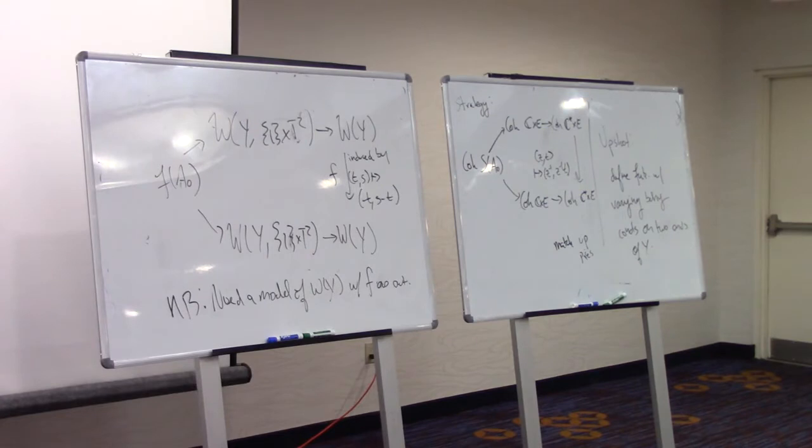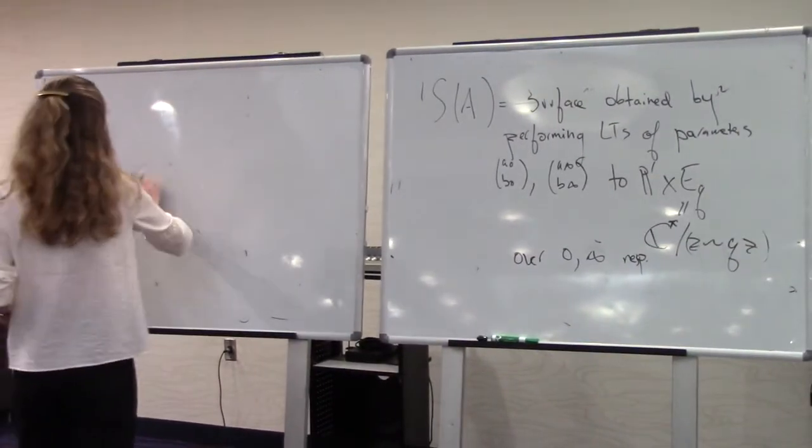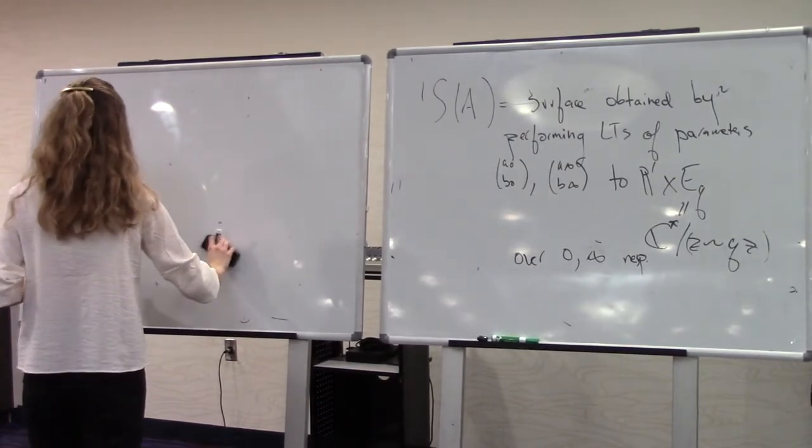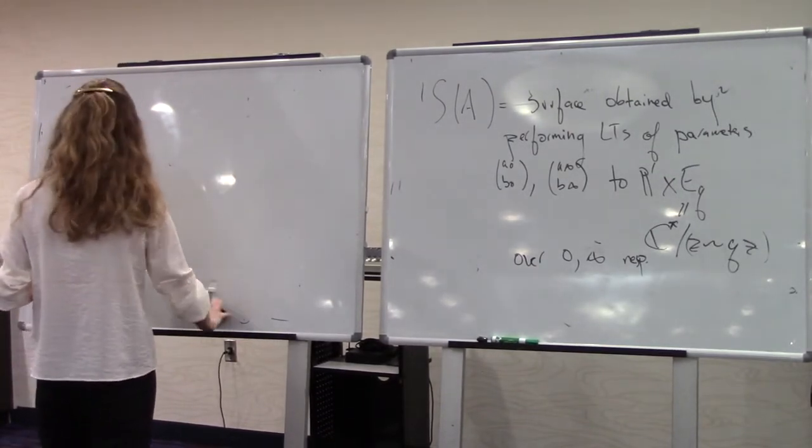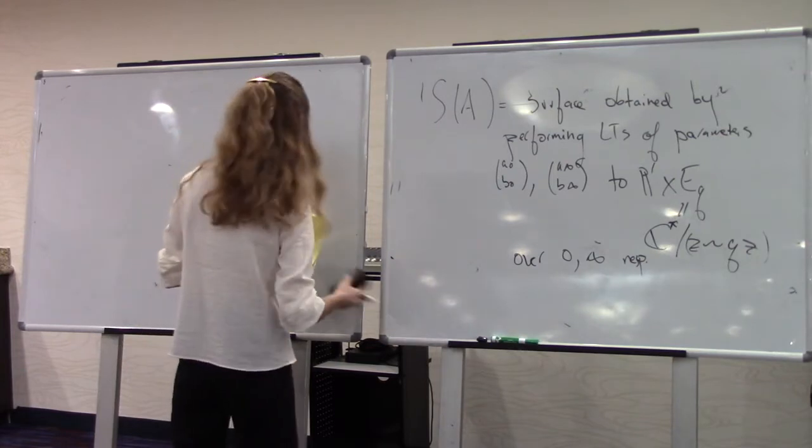Right. So now I'm going to define a Fukaya category for any of these pairs, A naught, B naught, A infinity, B infinity.